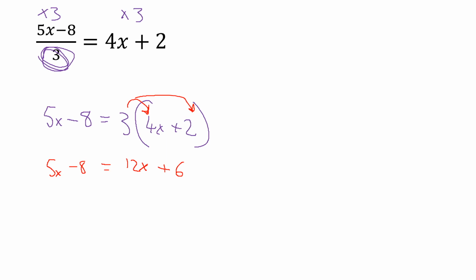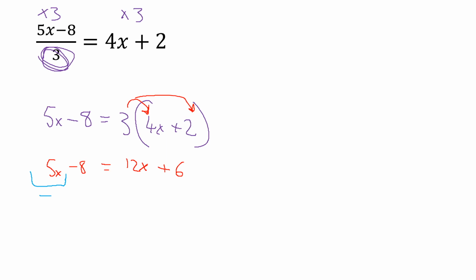So now what we want to do is get rid of this 5x over here, and we want to put all the x's on one side. In this case, I want to put the x's over here so my x's are positive. If you want to get rid of the 12x, you can. How do we get rid of this 5x?